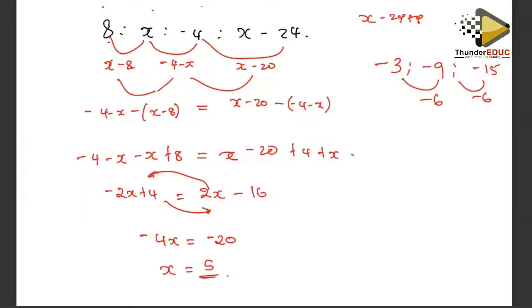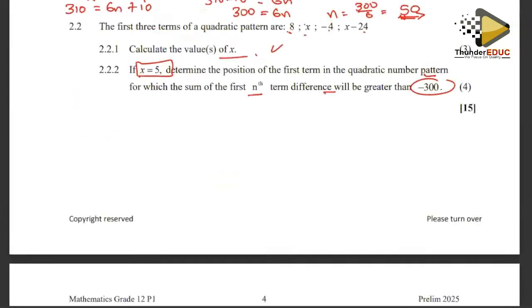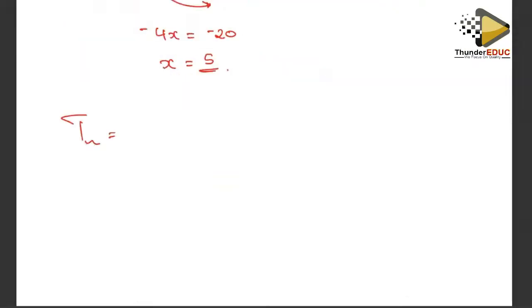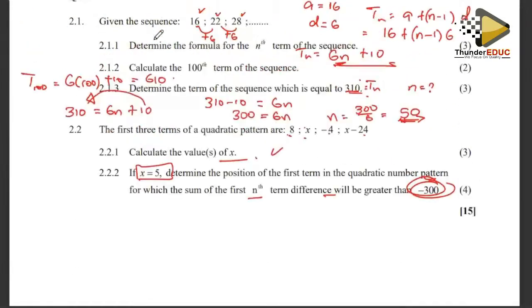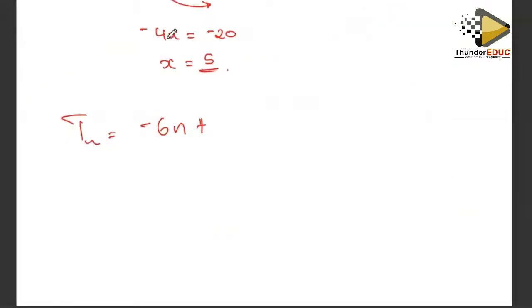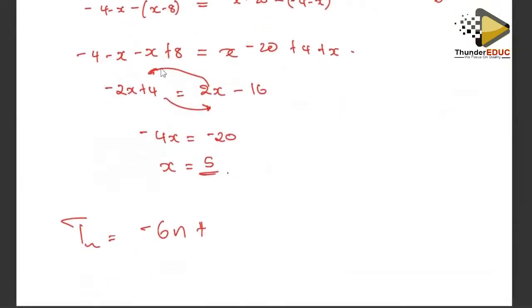Meaning that our Tn, do we need the Tn? Yeah, we need to get the position. So Tn is going to be negative 6n plus, remember we said, negative 6n plus 3.